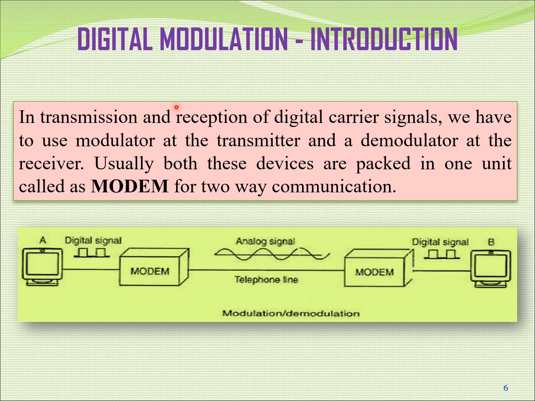So let us understand a fundamental model. In transmission and reception of a digital carrier signal, we use a modulator at the transmitter and a demodulator at the receiver, and both these devices combined together we call a modem, which we use for our Wi-Fi communication.